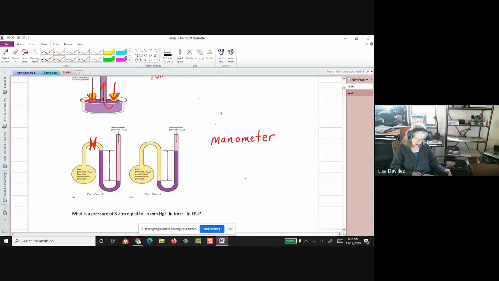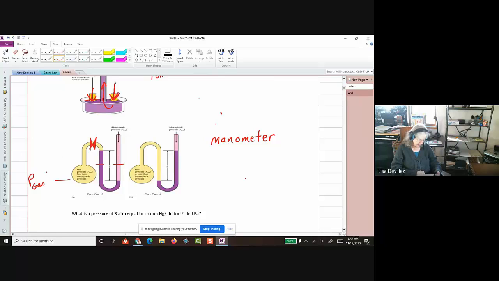When it starts out, the mercury level will be even. What they look at is the way that the mercury shifts.